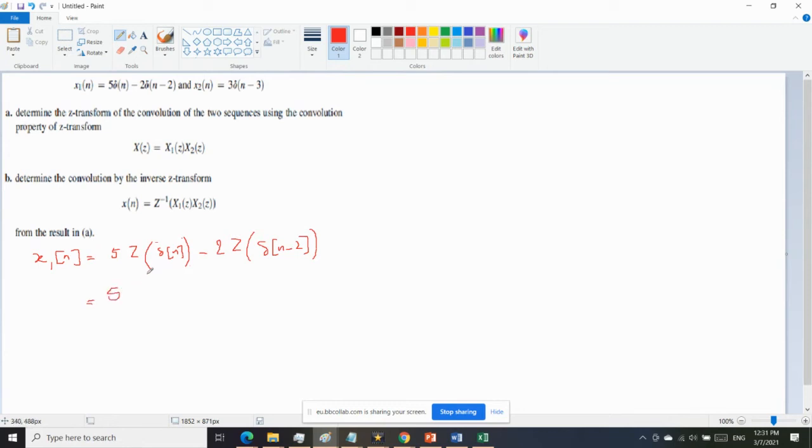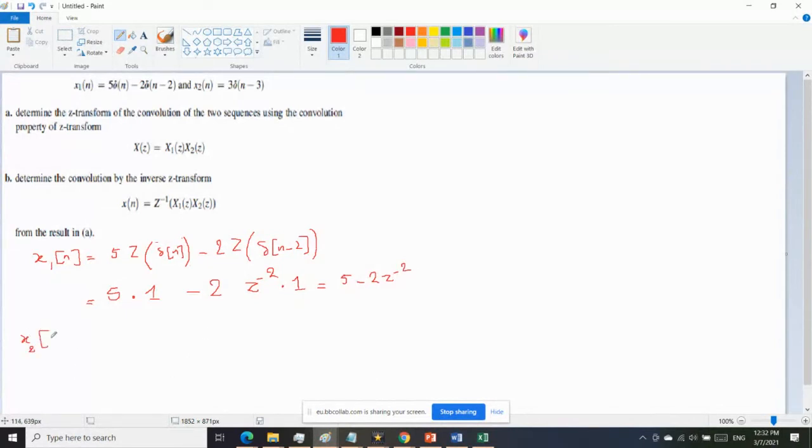The first part is just 5, and the z transform of delta is just 1. For this one we apply the shift rule, so it becomes z to the power of minus 2 times the z transform of delta, which is 1. So that's the first one. This becomes 5 minus 2 z to the power of minus 2.